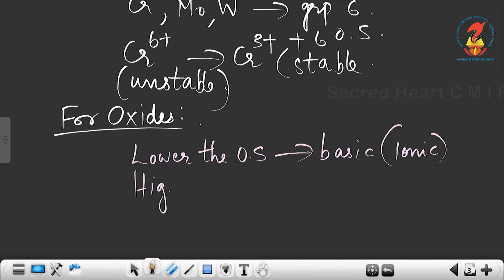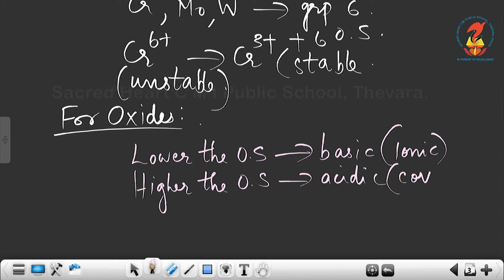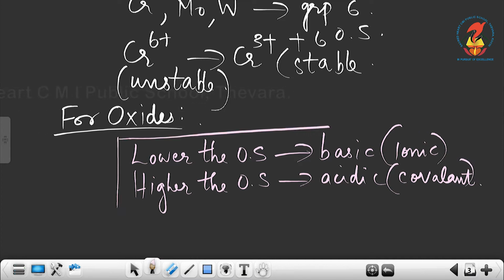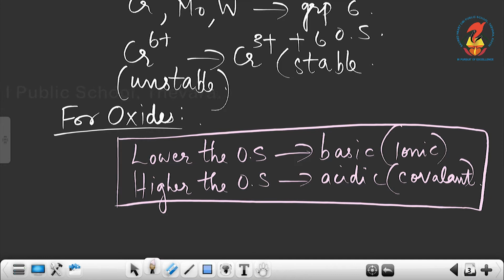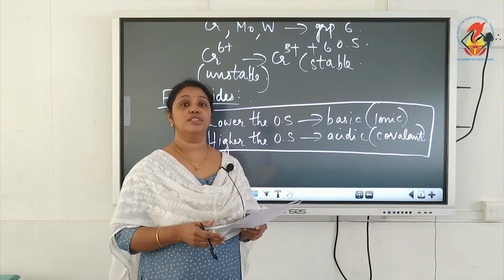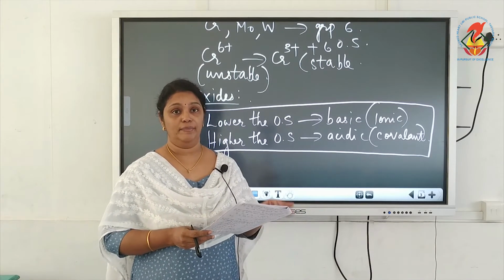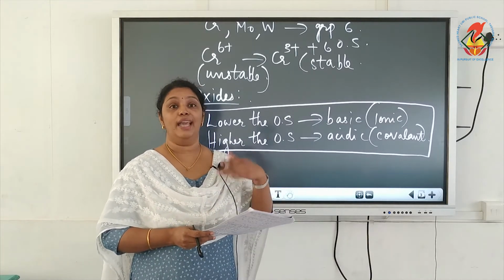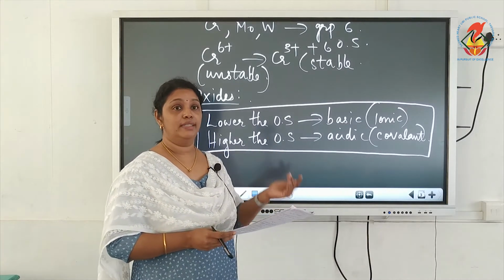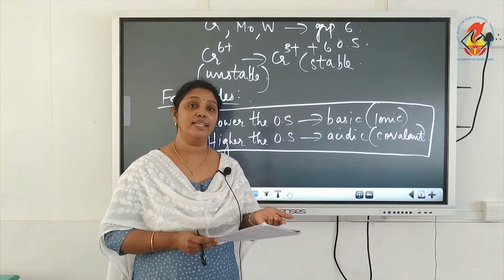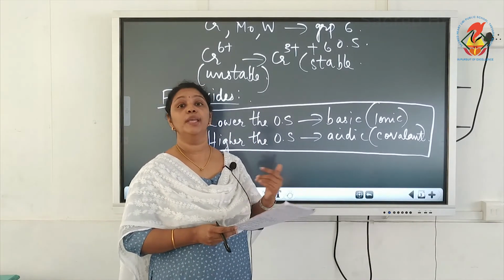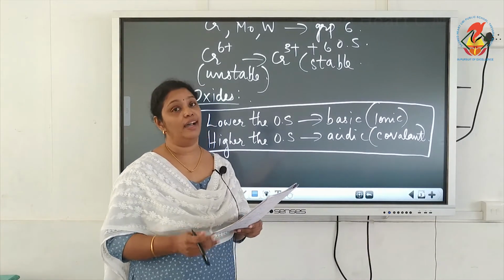And the higher the oxidation state, we have acidic oxide with covalent character. Now this is something very important: transition elements can exhibit variable oxidation state, and in higher oxidation state they act as acidic oxide, and in lower oxidation state they will behave as basic oxide. And acidic oxides are covalent in nature and basic oxides are ionic in nature.